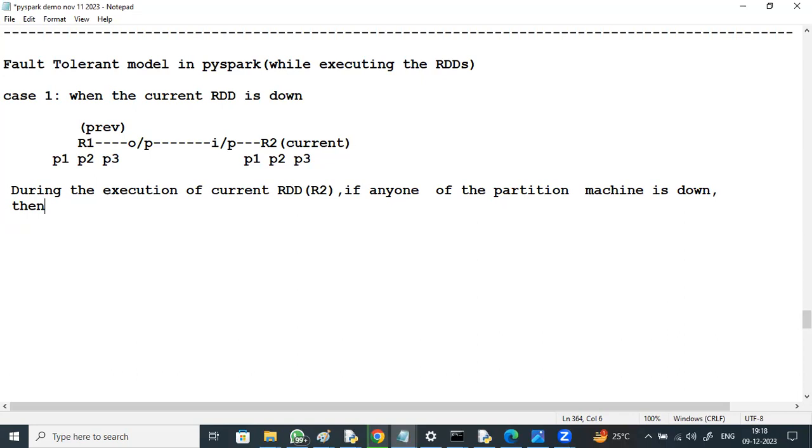If you continue further, then very simple logic. All the current RDD partitions P1, P2, P3 will be deallocated from the RAMs of those particular machines. They'll be deallocated, everything cleared from the RAM, and reinitiated and reloaded into other slaves other than the current systems, right?